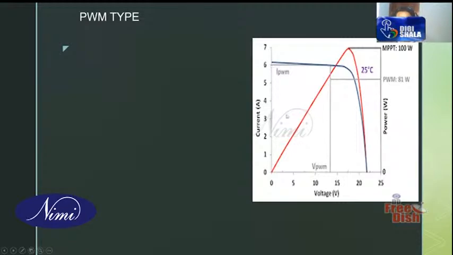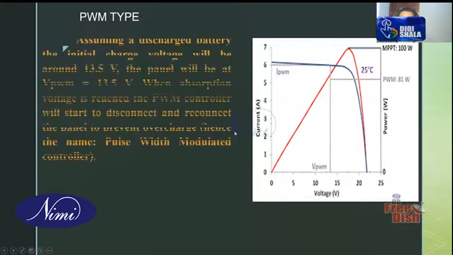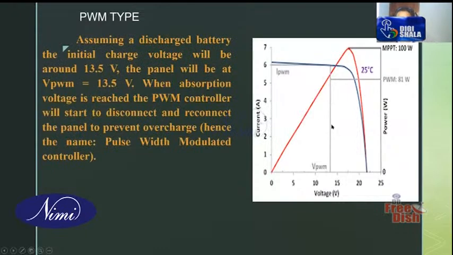But in your PWM charge controller, the charging voltage is set. For example, 13.5 volt is set, which is somewhere here.